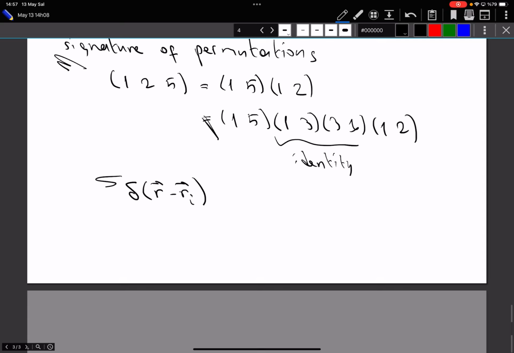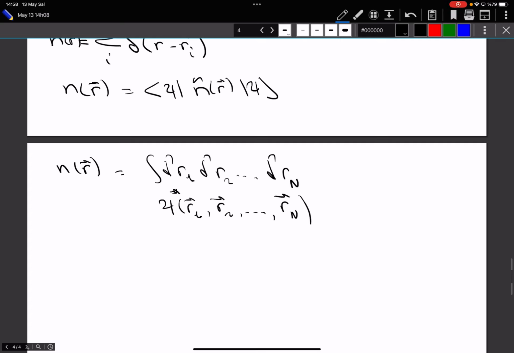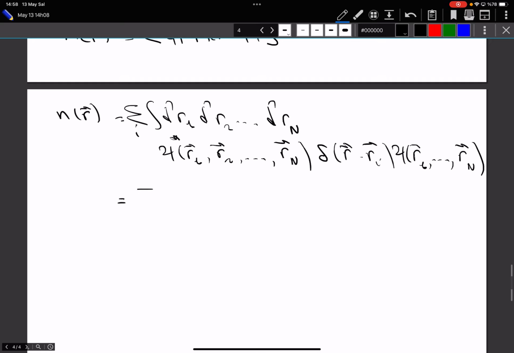Well, I have many particles, so let me just sum them up. Let me call this the density operator at the point R. Now, the density is the expectation value of this one, which will be the integral over R1 to Rn of psi star of R1, R2, to Rn, times the Dirac delta of R minus Ri, times psi of R1 to Rn, summed over i.